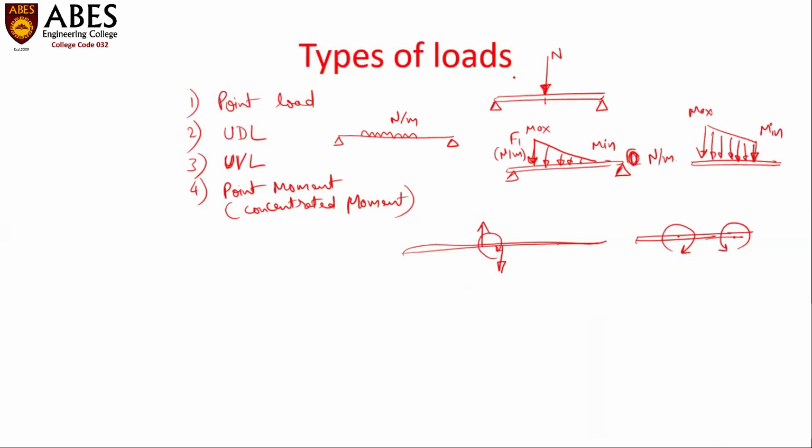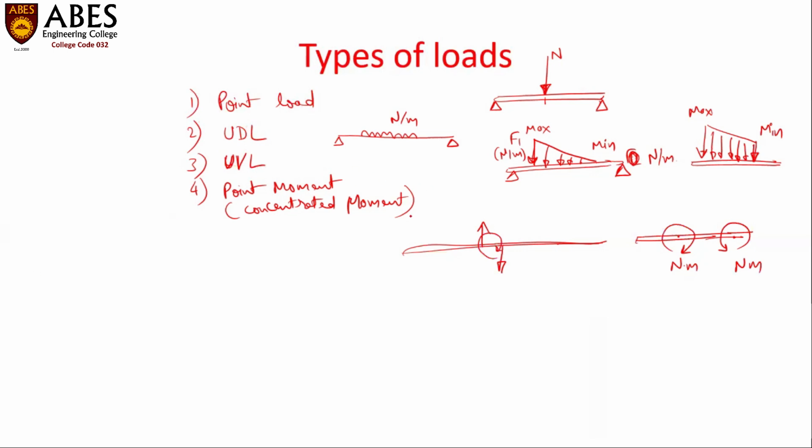Previous three were considered like different types of forces, but this one is not a force. It is basically a moment which creates either a clockwise rotation or anti-clockwise rotation. So since it is a moment, it is measured in terms of Newton meter. So point load, UDL, UVL, and point moment.